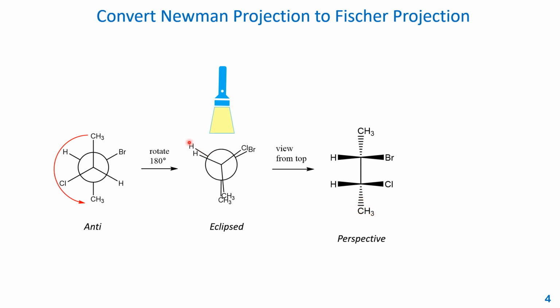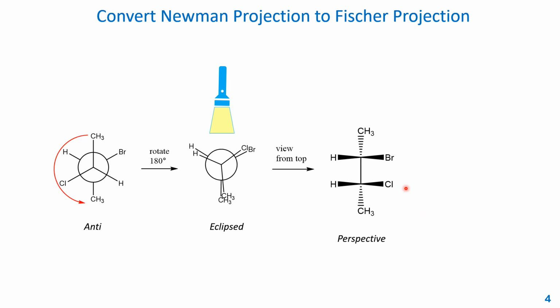And then this hydrogen will be this hydrogen. This bromine on the carbon behind will point to you, seen from top. And now this hydrogen is this hydrogen, and this chlorine will also be pointed to you. So this will be the perspective if you look at this eclipsed Newman projection.